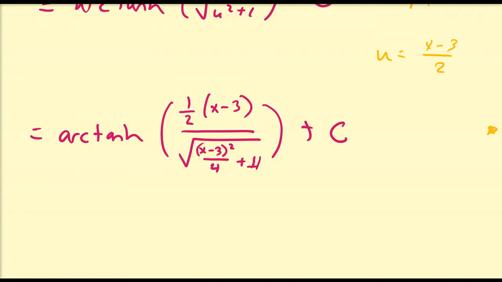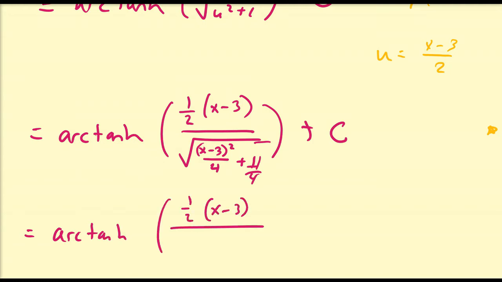So we can multiply top and bottom of this by 4, right? So this is going to be equal to the arc hyperbolic tangent of 1/2 x minus 3 divided by the square root of x minus 3 squared plus 4 all over 4. So we have 1 divided by 1, but the square root of 4 is going to factor out and gives us a 2 there.